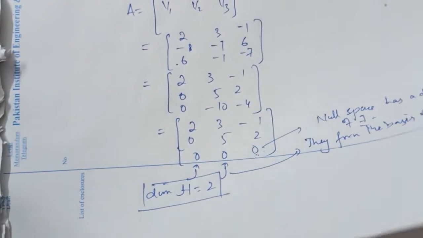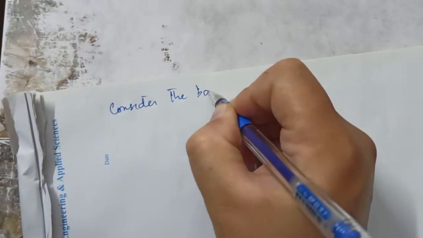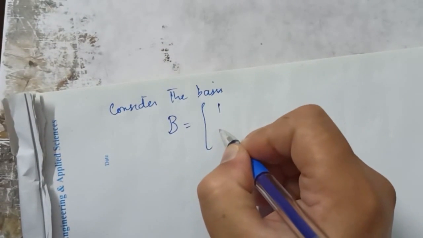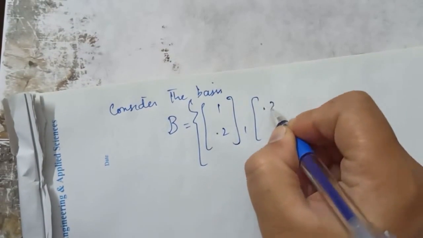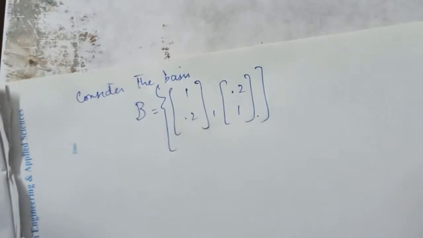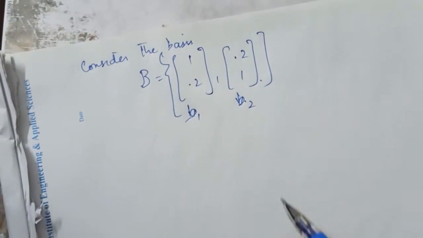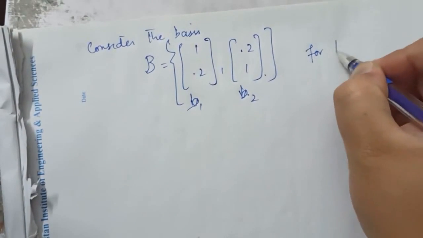Now let's do the second example. Consider the basis B defined by b1 = (1, 0.2) and b2 = (0.2, 1). So this basis has two vectors, b1 and b2, in keeping with the previous notation for R^2.